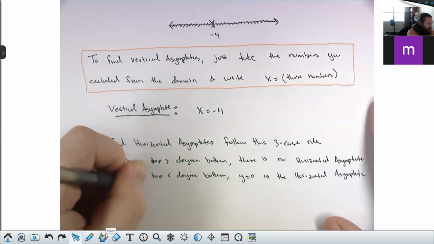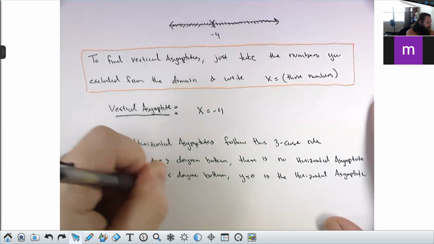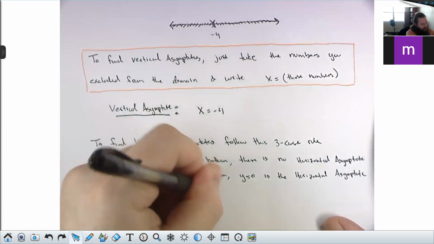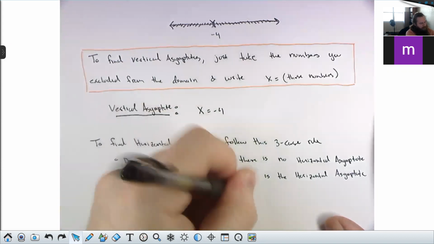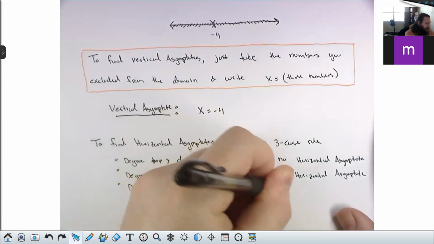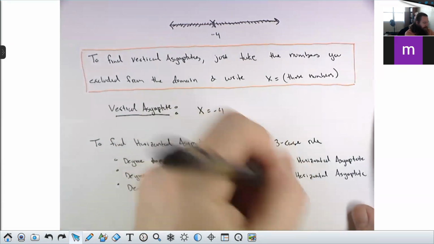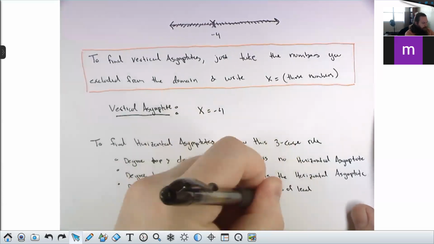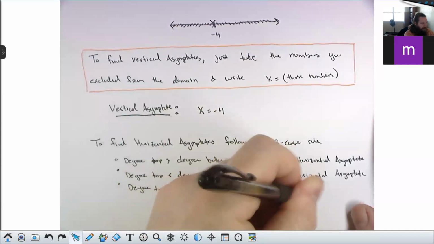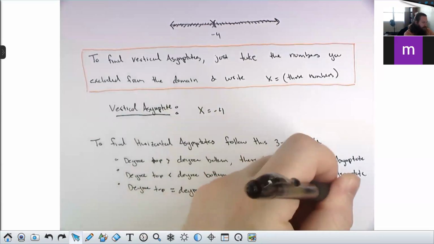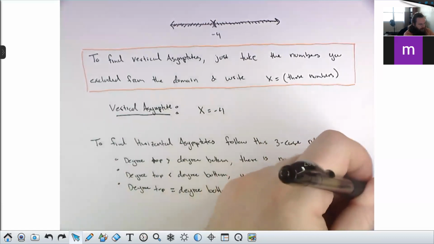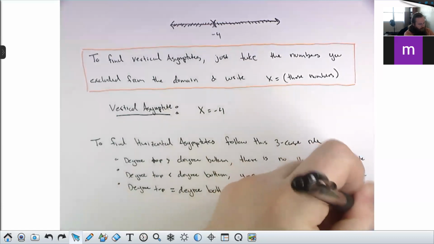So the last case here is the interesting one. If the degree of the top is equal to the degree of the bottom, then the line y equals, there's no nice way to write this, the ratio of lead coefficients is the horizontal asymptote.